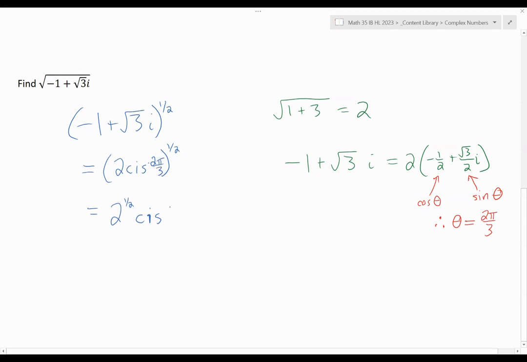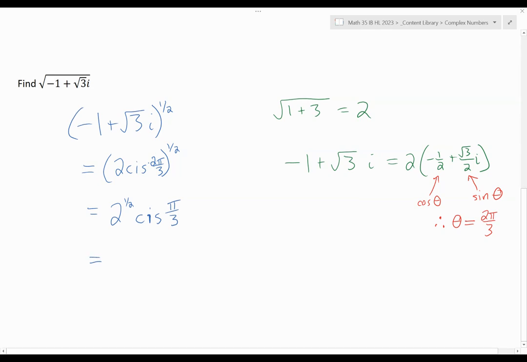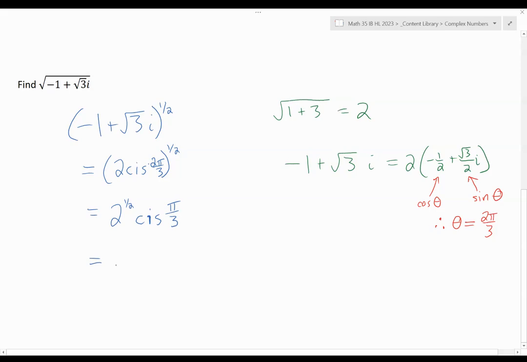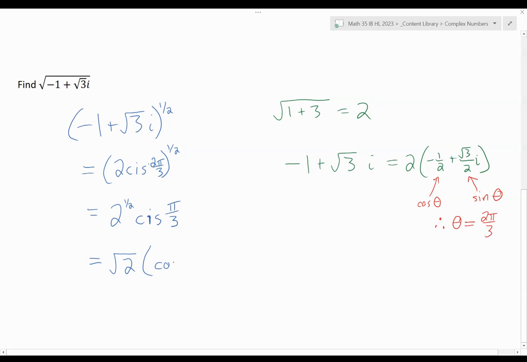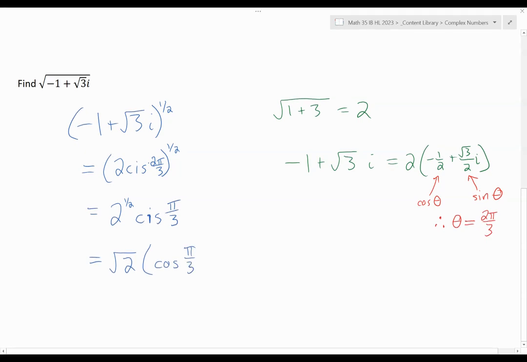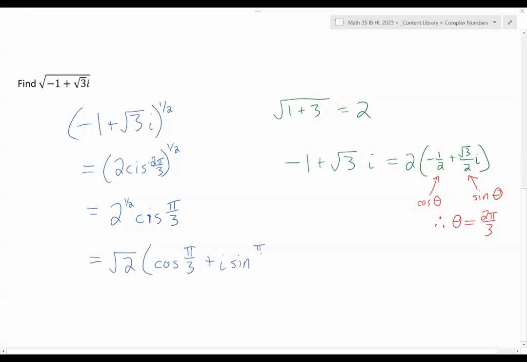I'll make that a little nicer. Cis pi over 3. Or in other words, since I was given this number in rectangular form, I'm going to convert it back to rectangular form. So I have root 2 times the cosine of pi over 3 plus i sine of pi over 3.